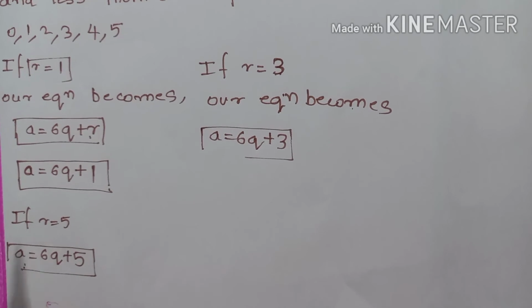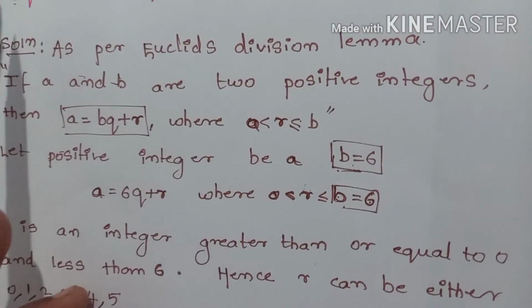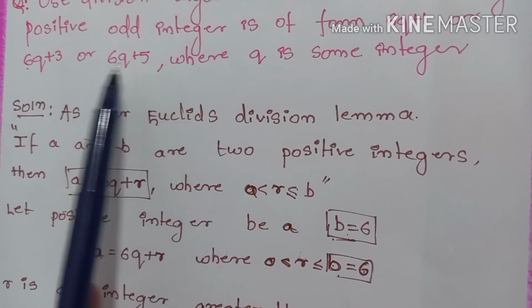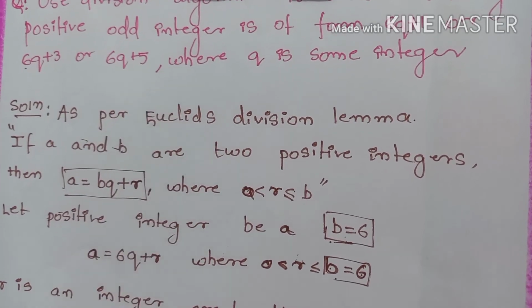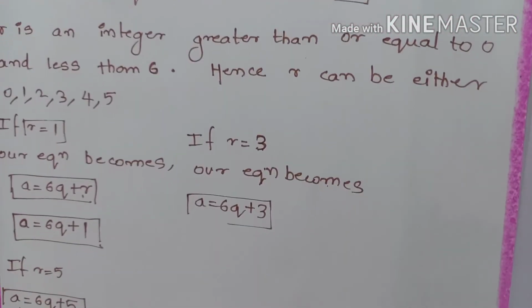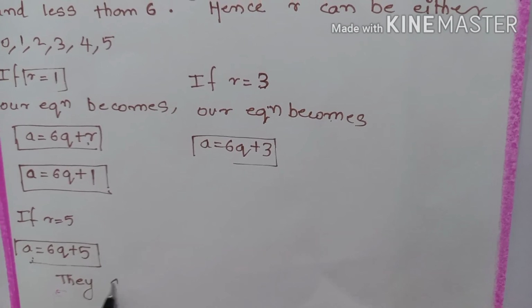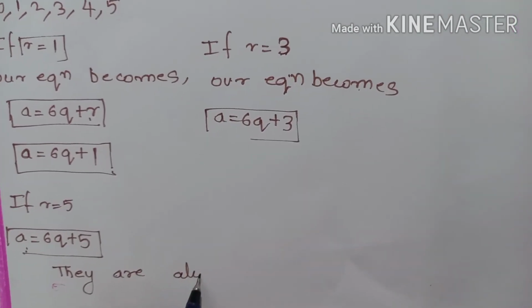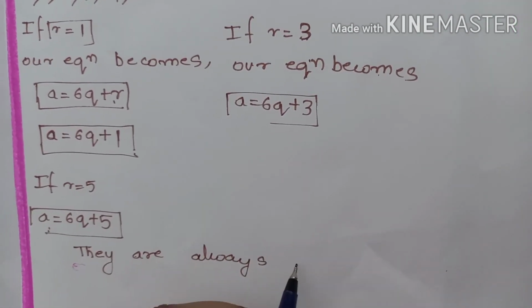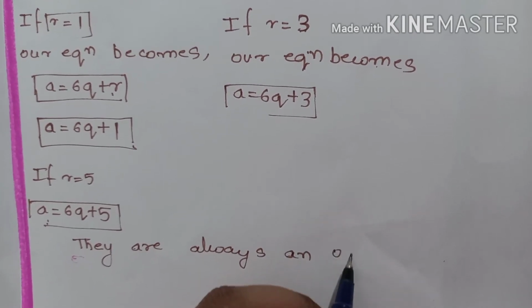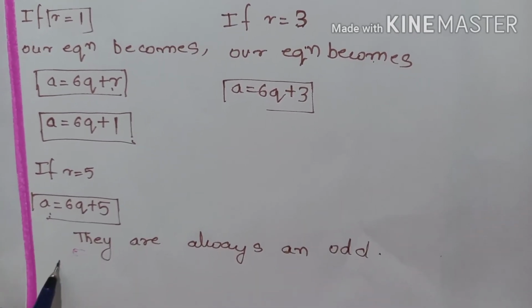Now we have got 6q plus 1, 6q plus 3 and 6q plus 5, which is given in the question. So they are always odd integers.